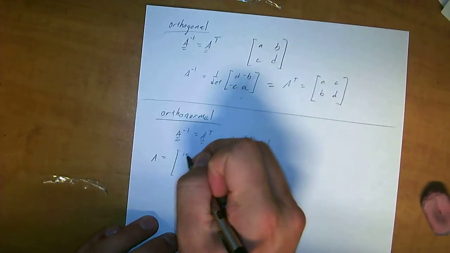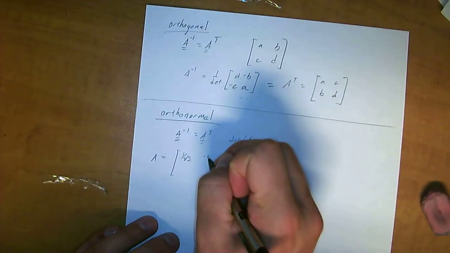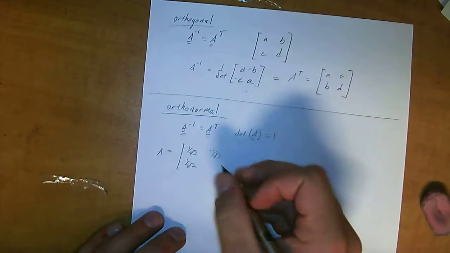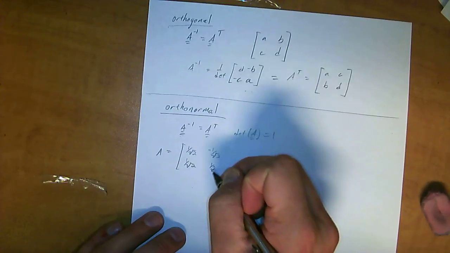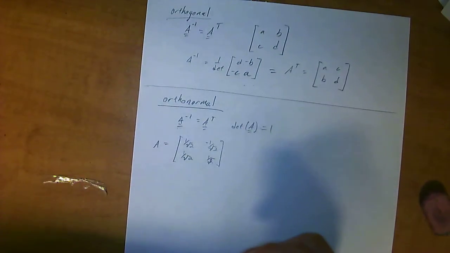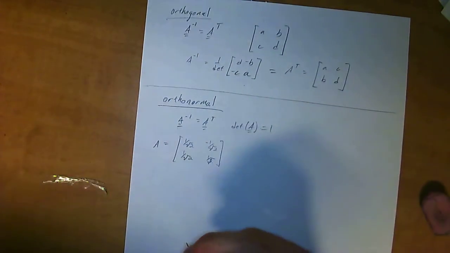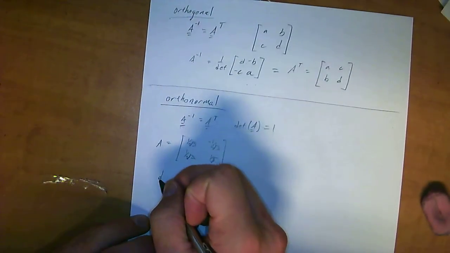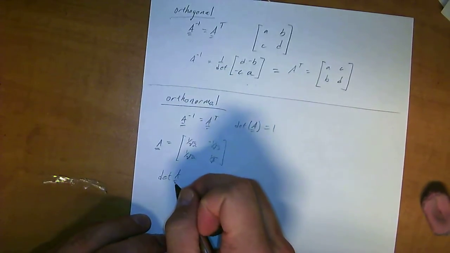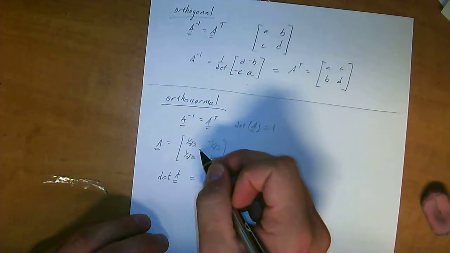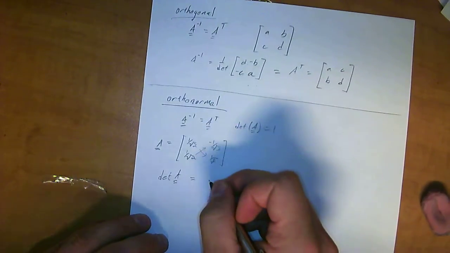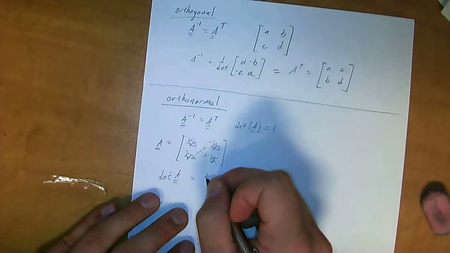So we're going to use actual numbers here for this one because it's kind of a big one. So 1 over square root of 2, negative 1 over square root of 2, 1 over square root of 2, 1 over square root of 2. In order to get the determinant of A, that's this matrix A, this will equal just the product of the two crosses here.